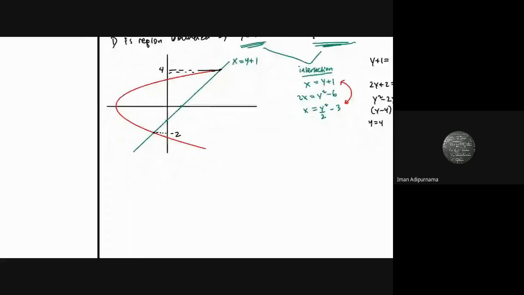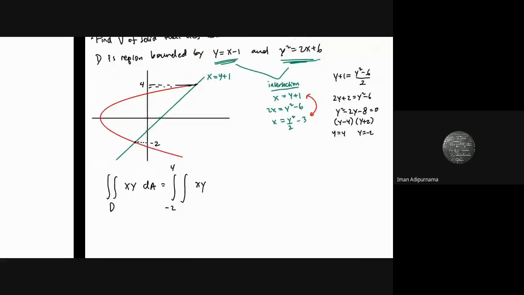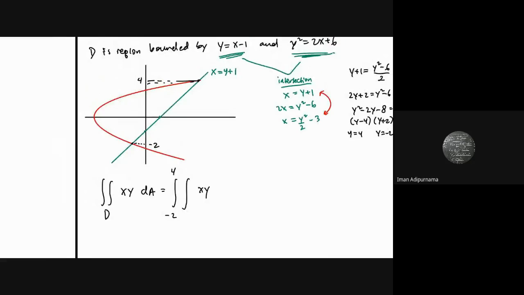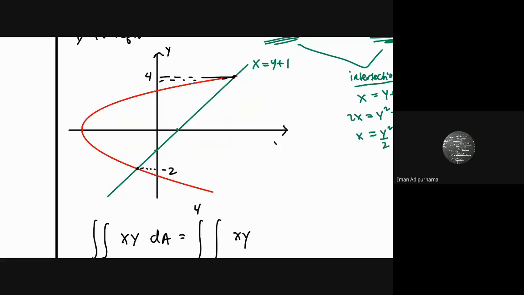And from here, we can take the integration over D of xy dA. So over D, we take xy, integrating y first, and then x. Now, which one is the top one? If you look at this graph, similar to what you have done in calculus 1, the top one is x, right?